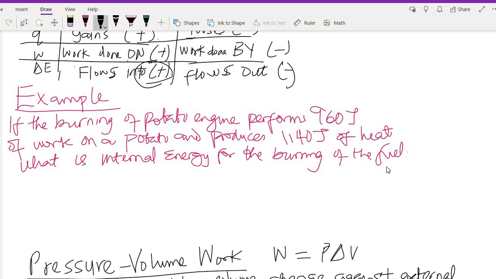The first thing we should do here is to write our relationship, which is delta E equals Q plus W. In this case, our Q is given as 1140 joules. Because the heat is produced, our Q becomes negative.